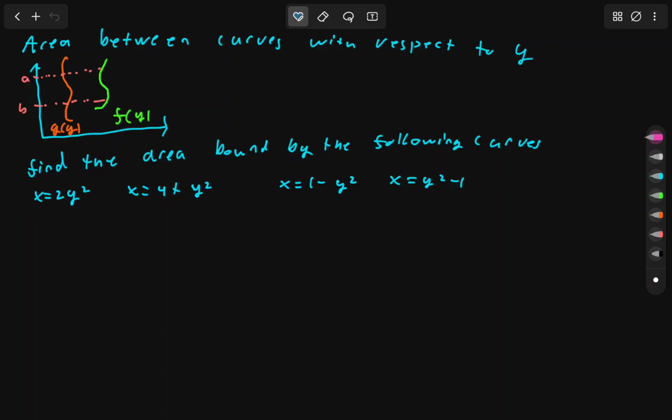So really, we're just adding up the same rectangles, but instead of a change in x, it's a change in y. So it's really just the integral from a to b of f of y, which is the one furthest from the y-axis, minus g of y dy.